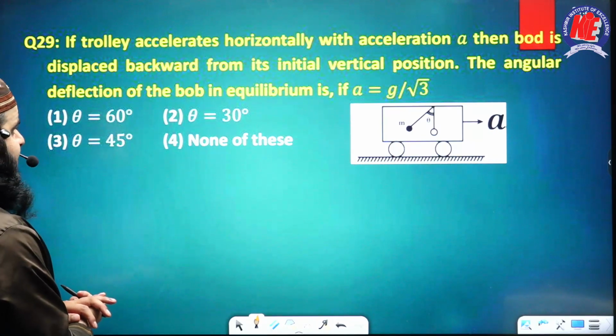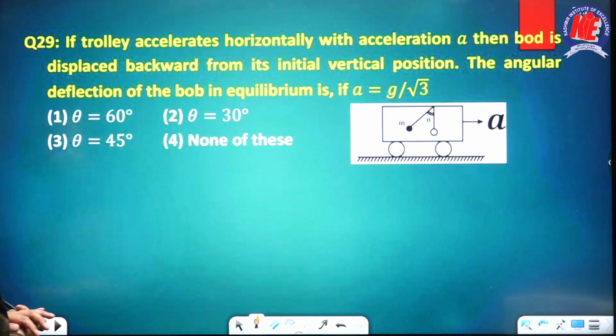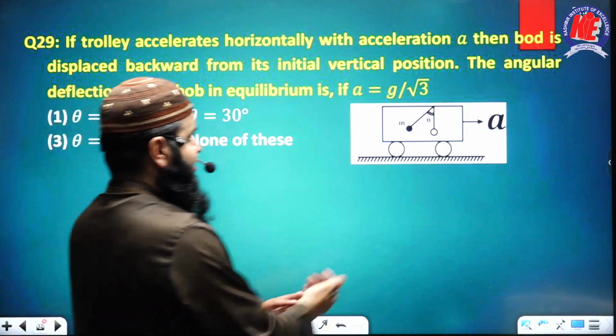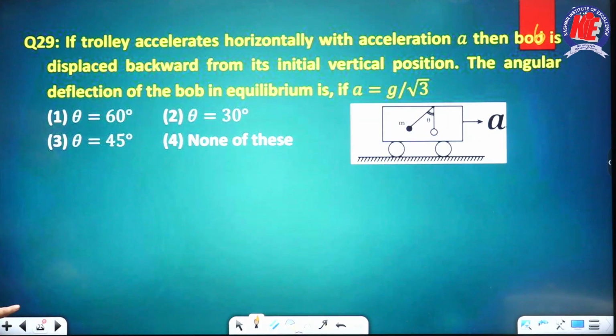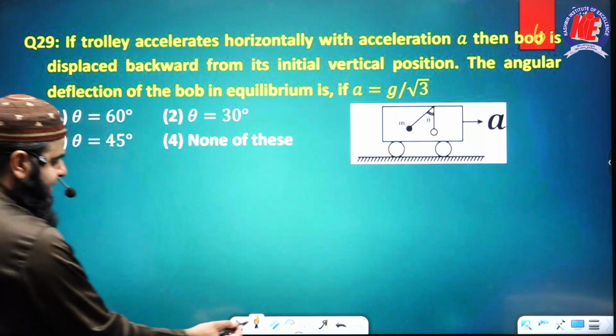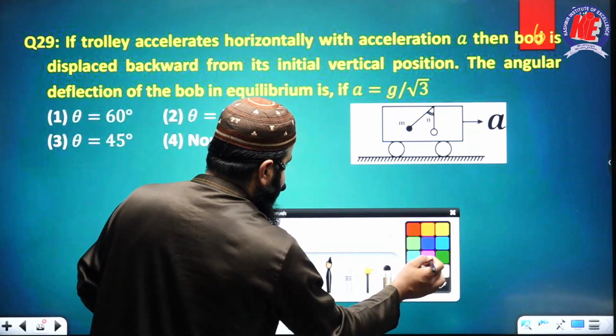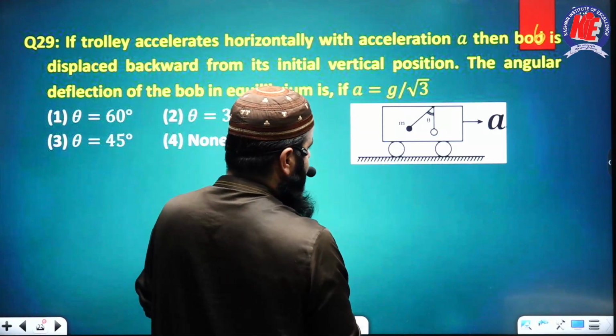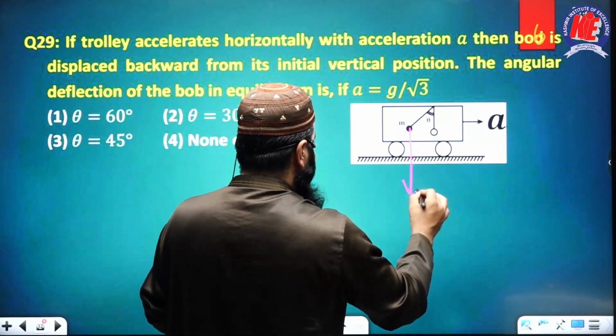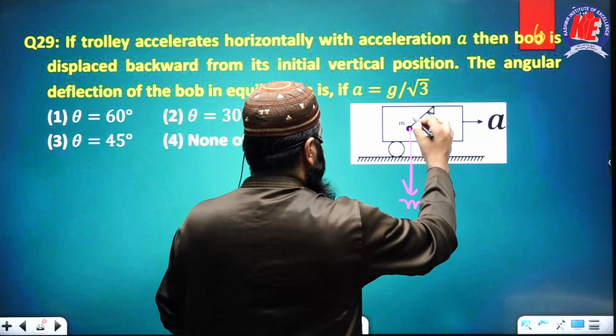If a trolley accelerates horizontally with the acceleration a, then the bob is displaced backward from its initial vertical position. The angular deflection of the bob in equilibrium is? This result is also a standard result for you, so it is better if you remember it. If you want to derive it, not a big issue. The bob has the downward force mg, and the tension T here.